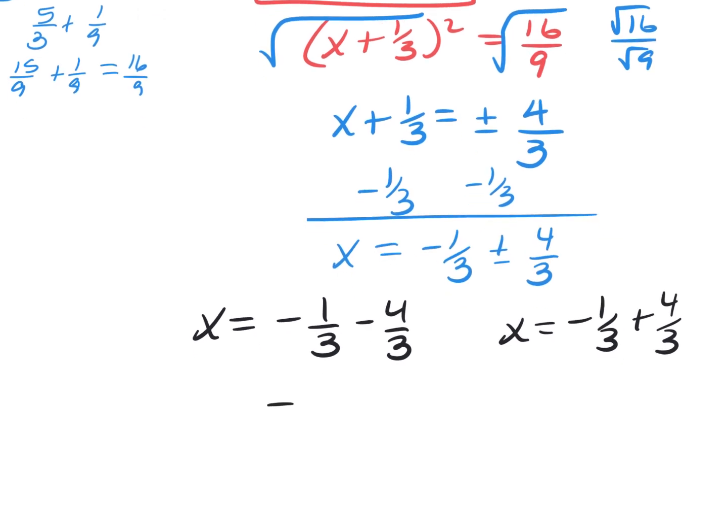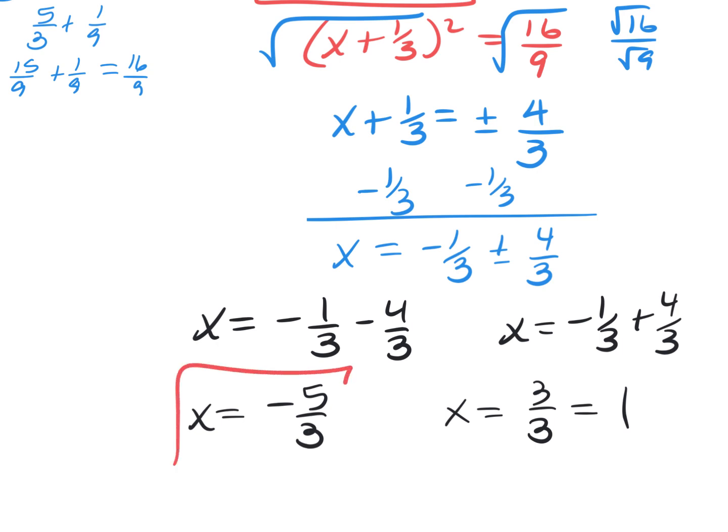This gives me negative 5/3, and this one gives me 3/3, which is 1. So the two answers are negative 5/3 and positive 1. So when the radical disappears, you can't leave it as plus minus. You have to do the two problems.